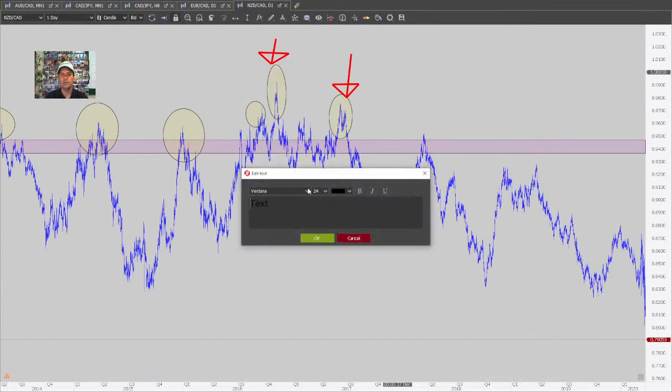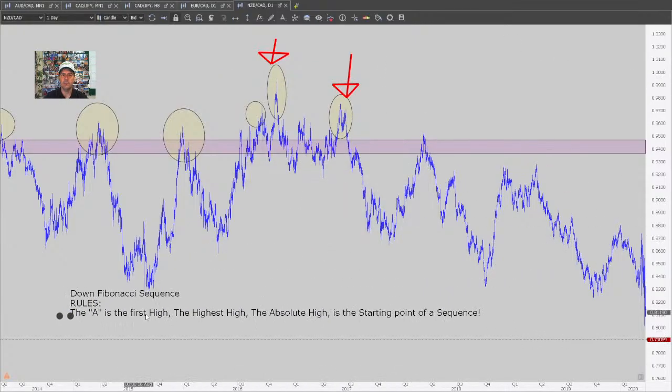So in a down Fibonacci sequence, the capital A is the first high, the highest high, the absolute high, is the starting point of a sequence. Right, everybody? That's the rule.